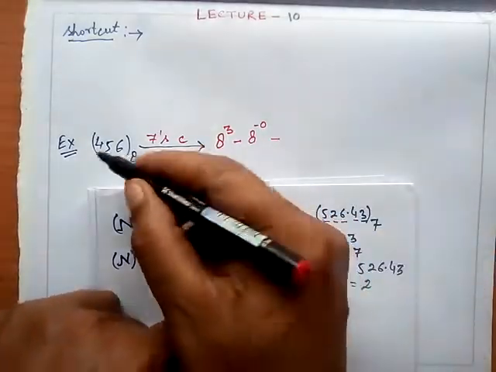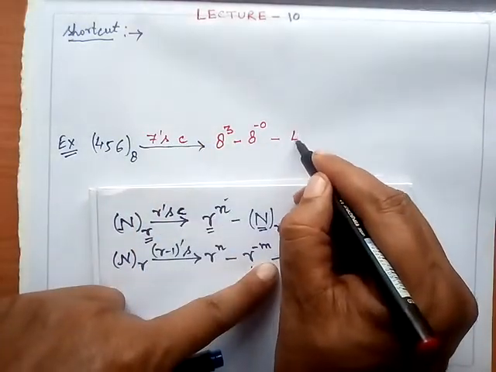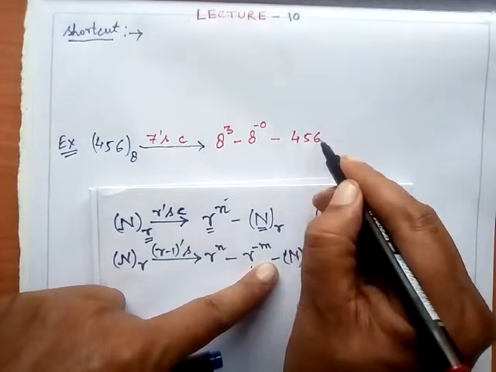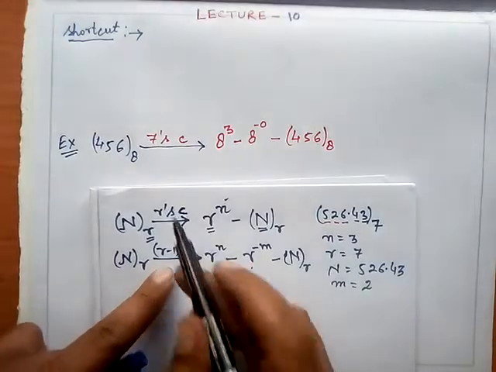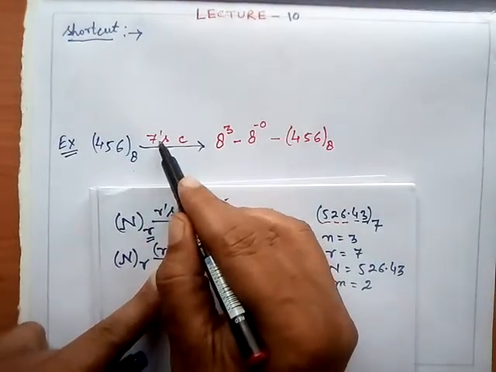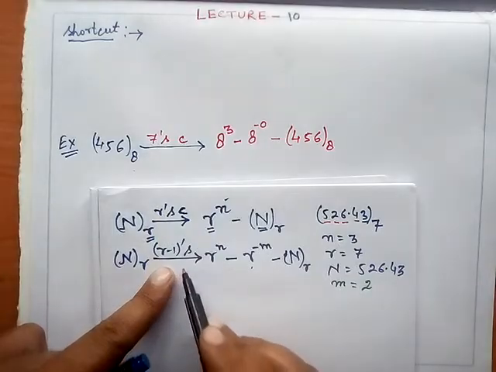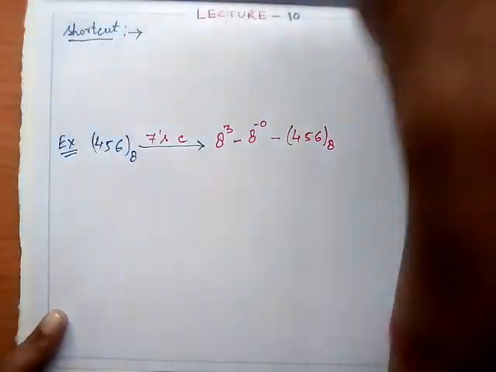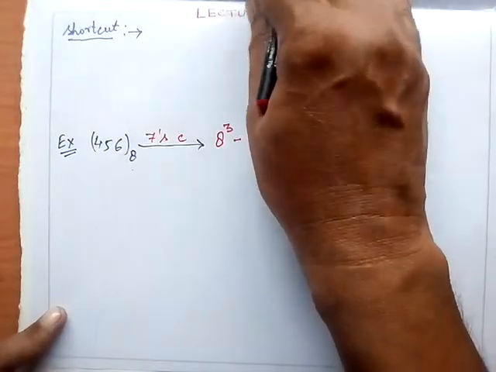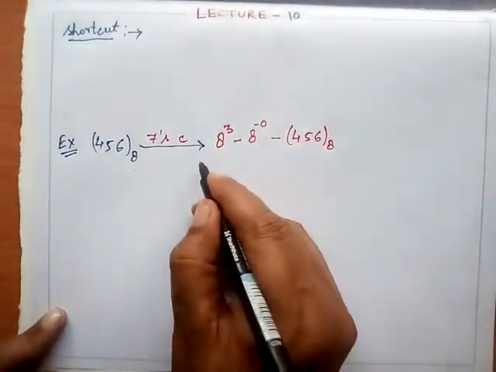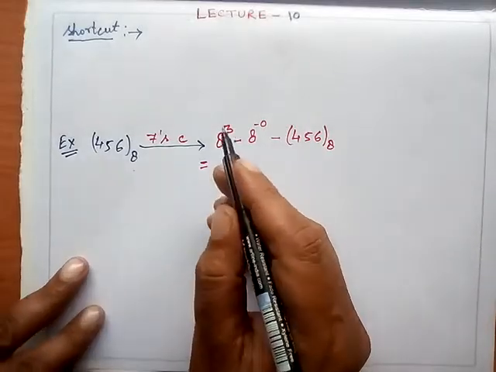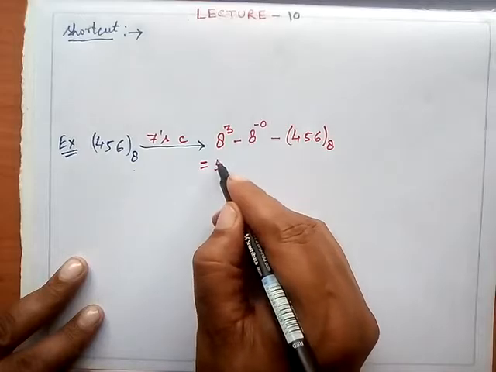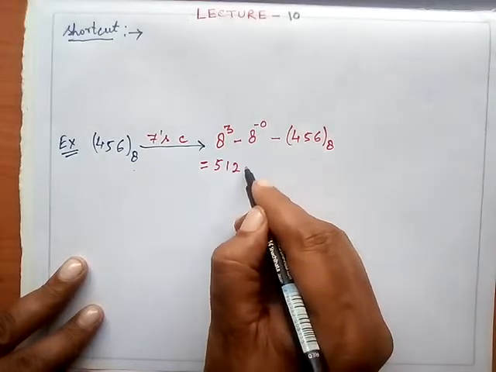What is the number? That is 456 with base 8. So I have applied this formula using r minus 1's complement. With base 8, 7's complement means 8 minus 1, that is r minus 1's complement. Now let me solve this problem. 8 cube results in 512 minus 1.